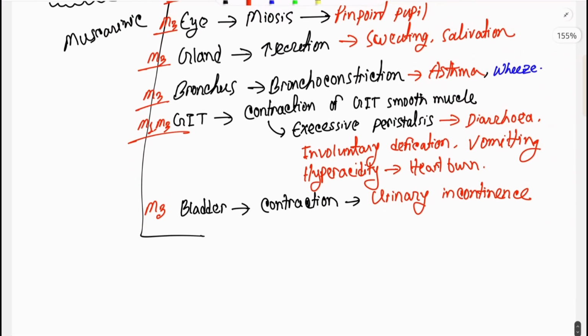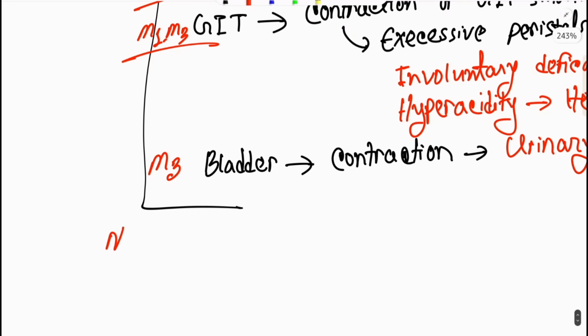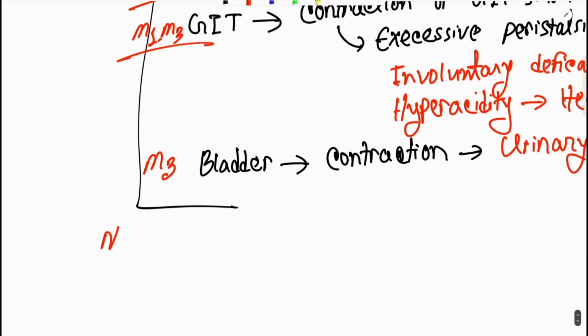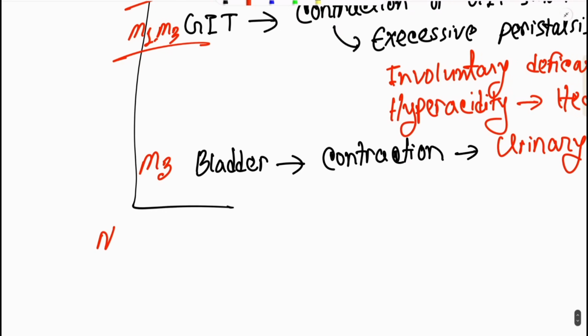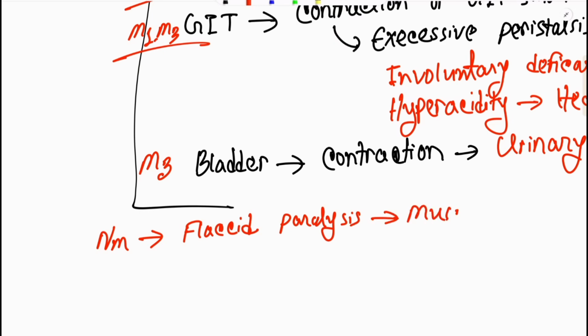So what will be the effect on nicotinic receptors? Actually, the nicotinic symptoms are extremely rare, and may occur in 5 out of 100 people. When an N receptor is stimulated, there will be flaccid paralysis. We discussed in a previous video how N receptor stimulation leads to flaccid paralysis, and that will clinically present as muscle weakness.